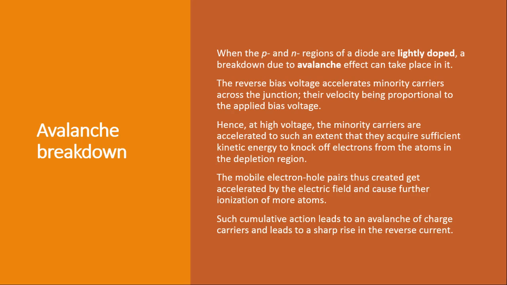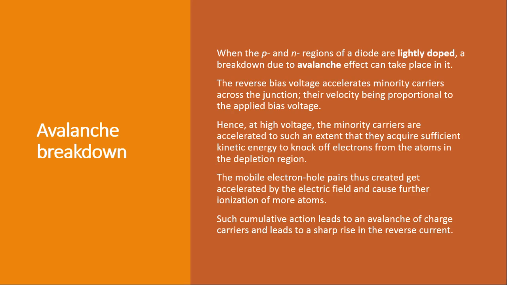It is seen that the reverse bias voltage accelerates minority carriers across the junction. The velocity of minority carriers is proportional to the applied bias voltage. If the reverse bias voltage is increased, then the velocity of the minority charge carriers also increases. Hence, at high voltage, the minority carriers are accelerated to such an extent that they acquire sufficient kinetic energy to knock off electrons from atoms in the depletion region.